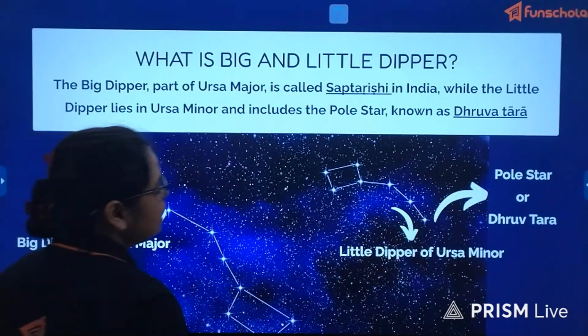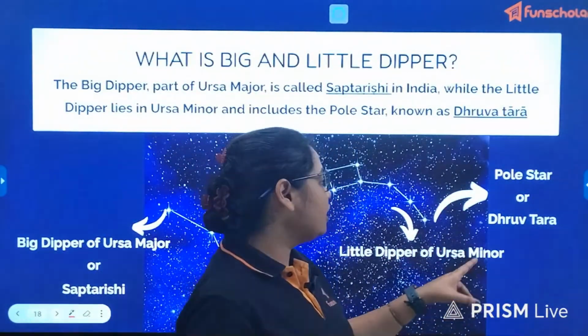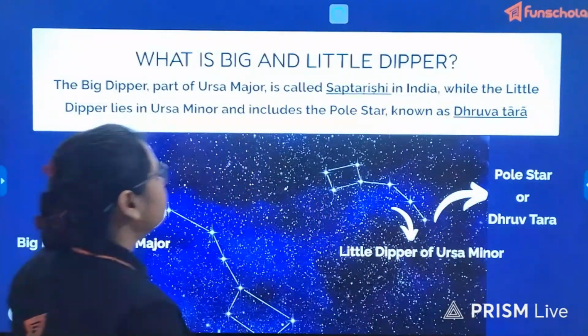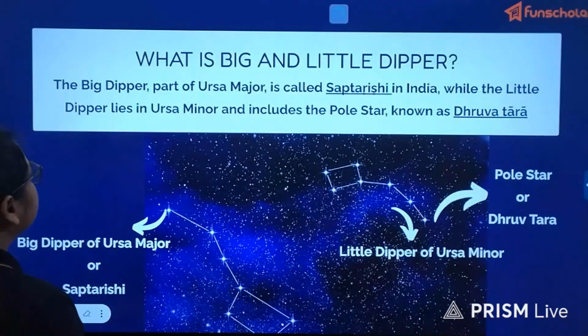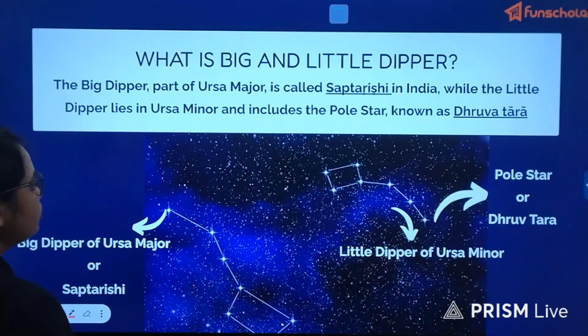The pole star is also termed Dhruv Tara in the local language, and the pole star is a particular nakshatra. This Little Dipper lies in Ursa Minor and includes the pole star.